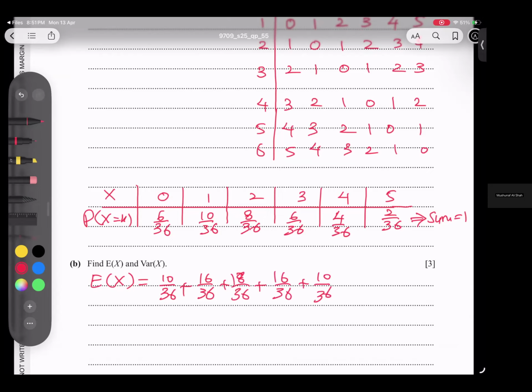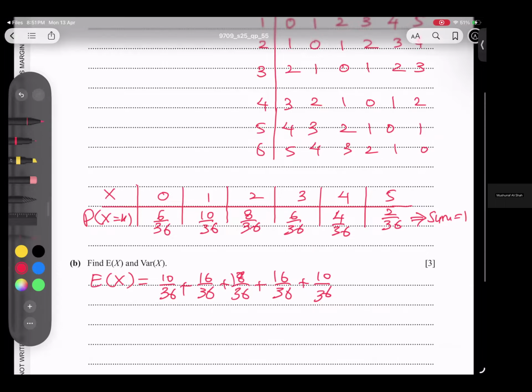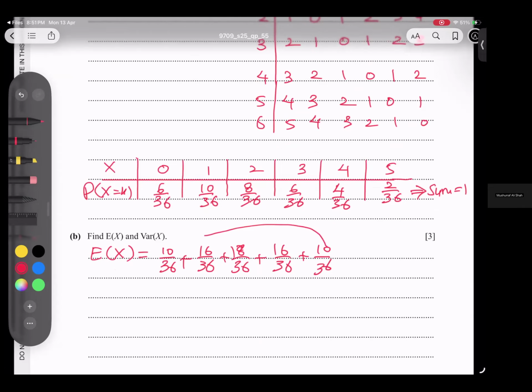Now if we check the values we are getting: 10, 16 to 32 plus 18, we get 50 and 60 and 70. So basically we are getting 70 divided by 36, and in fraction form it is 35 over 18. 35 over 18. This is done.